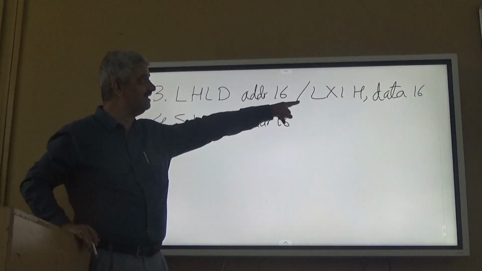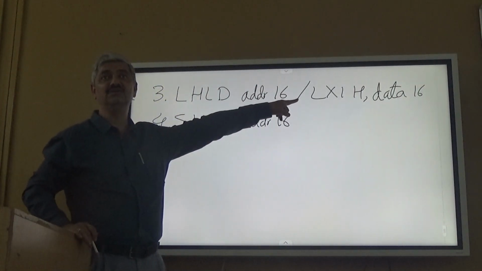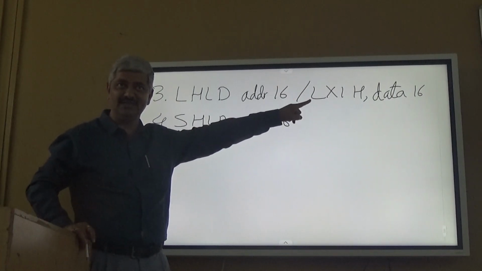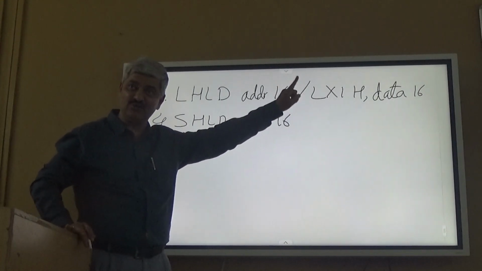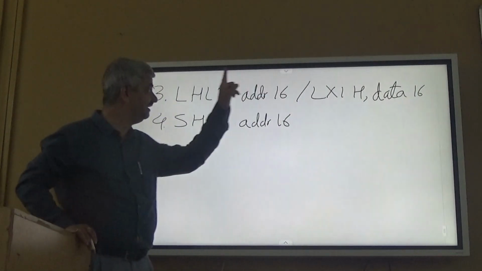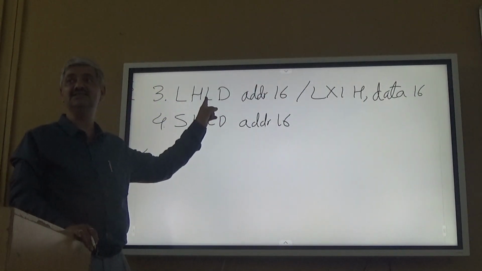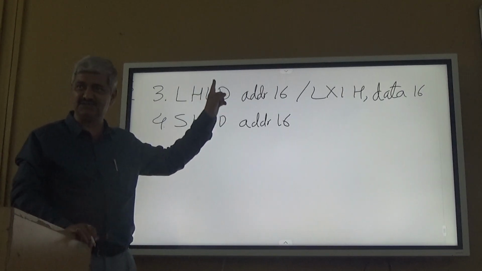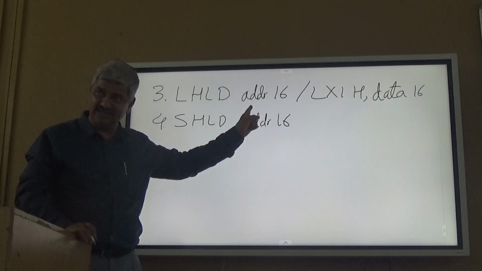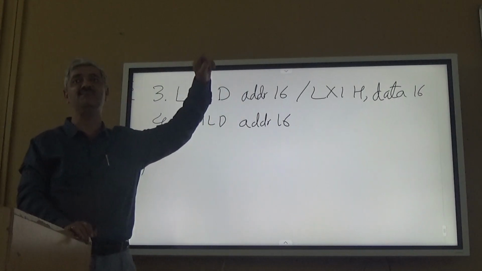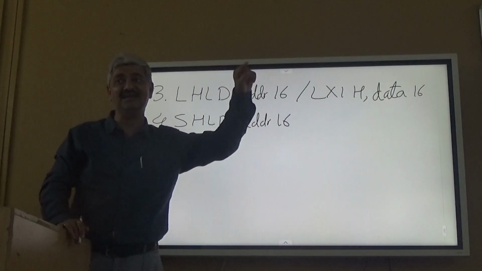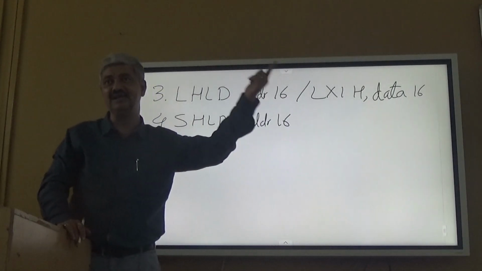So LXI H is immediate addressing mode. What is to be put into HL is provided in the instruction and that goes to HL. Whereas LHLD is direct addressing mode. Whatever is in the instruction is used as an address, and the contents of the memory location at this address and the next address are brought to HL.